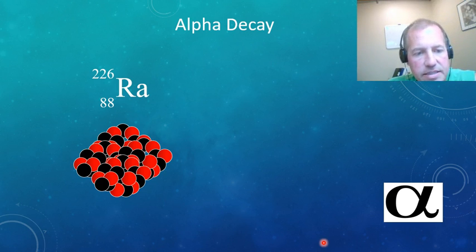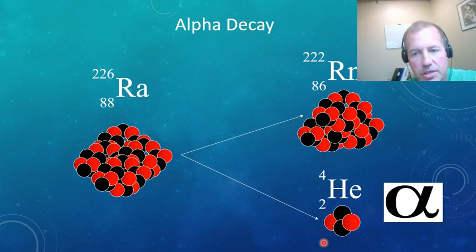We'll take an example here of radium-226, and it has the atomic number of 88. What happens in this case is by alpha decay, it will become radon, which has an atomic number of 86 and a mass number of 222. So remember, this 226 here is what we call isotopic notation.